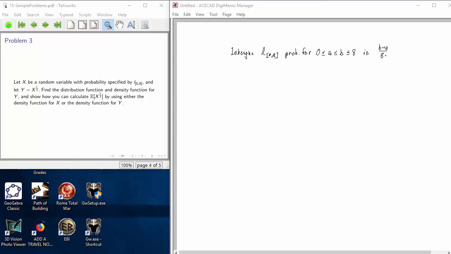So this is formalizing the concept we've had all along. The probability that a random variable is in a certain interval is proportional to the length of that interval.